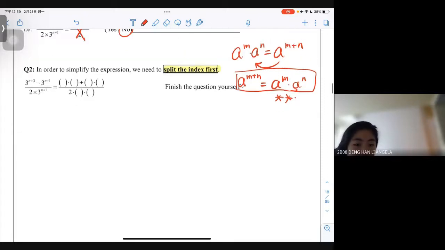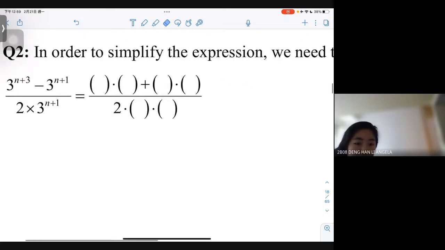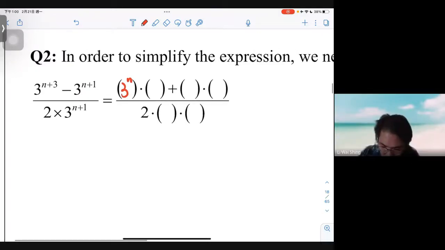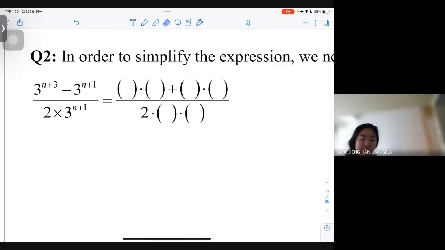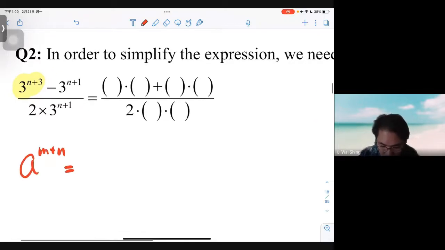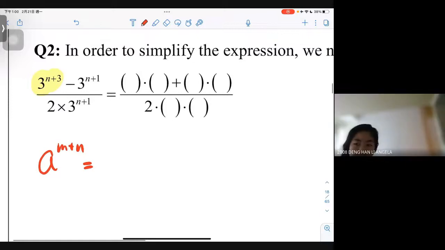3 to the power of n plus 3, and 3 to the power of n plus 1. Wait, a^(m+n) equals to what? a^m times a^n.